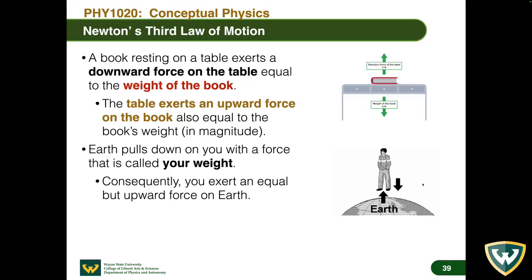Because the Earth is so heavy, so large, so massive, its motion in space will be very small relative to your motion. So in practice, there's this thing that we call the center of mass between you and the Earth. And as you fall towards the Earth, the Earth will fall towards you.